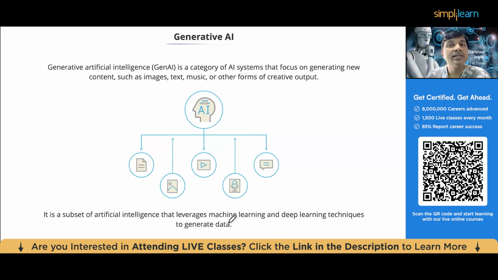It generates new data, using machine learning and deep learning models trained on huge datasets. So when you ask ChatGPT to write an essay or Midjourney to create an artwork, the system is not retrieving something it has saved, but creating something new that resembles human creativity.